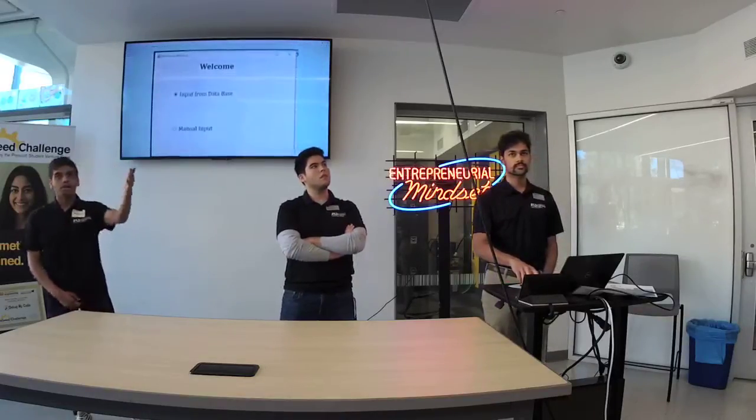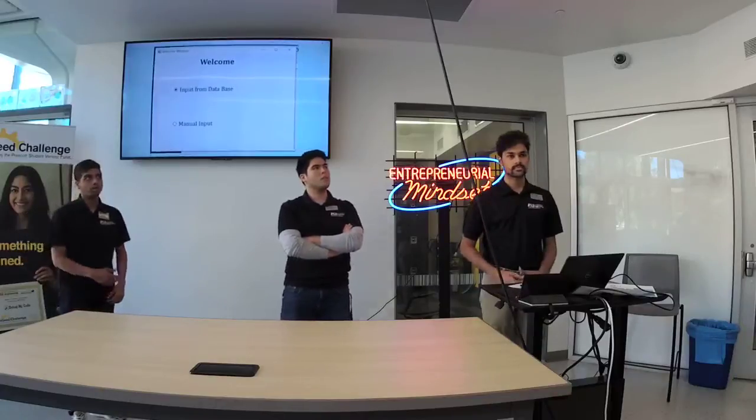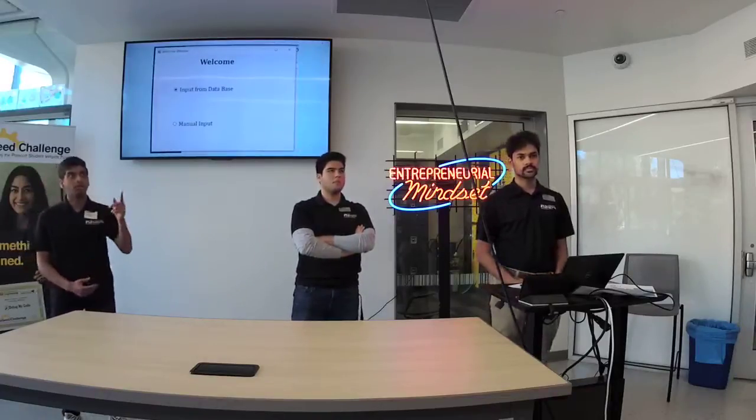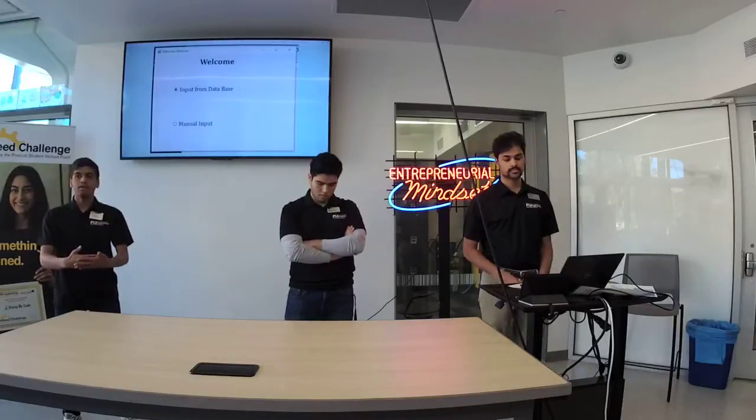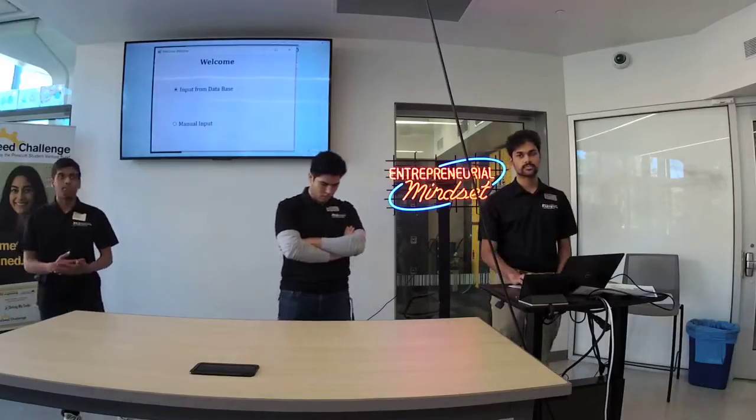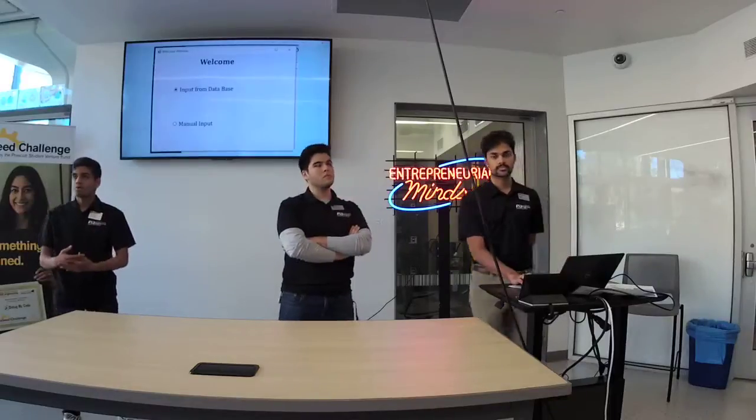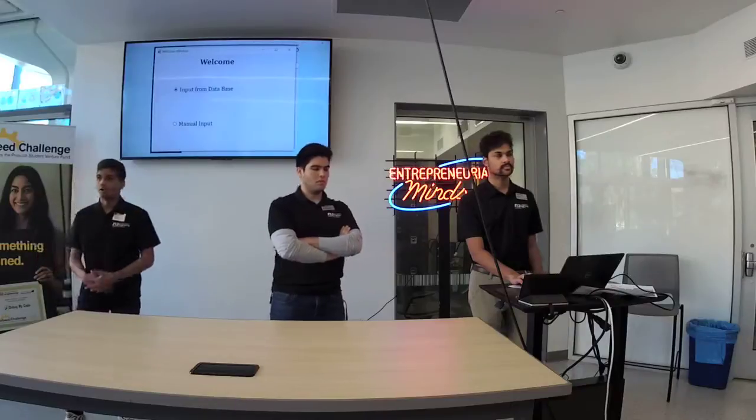And this is the welcome window of the GUI, which has 2 options. Input from database is basically when they select from the airplanes that we have in our database, and manual input is when they want to put their own criteria down, and it calculates it through a formula.